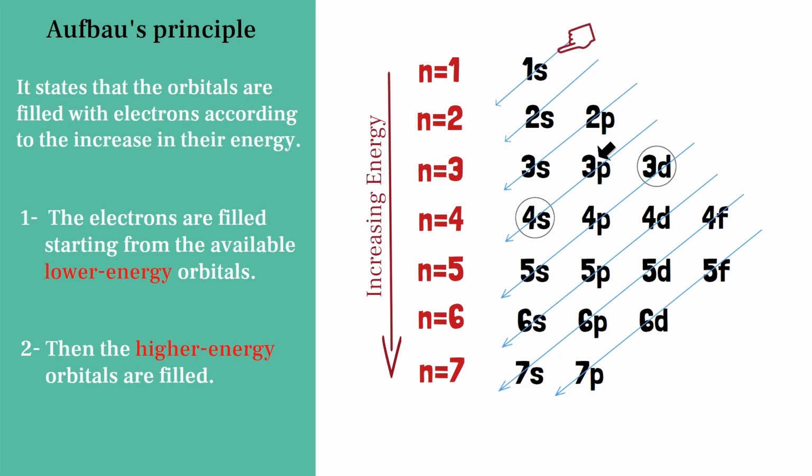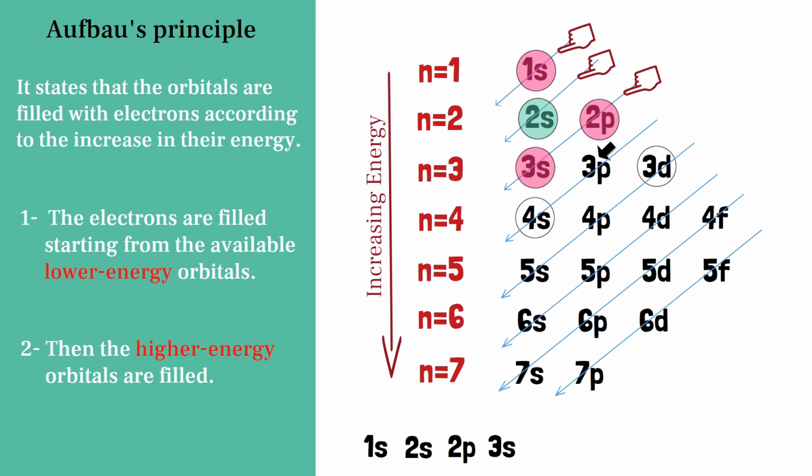We start from 1s, then we move from the beginning of the next arrow, then we fill the orbitals of the 2s sublevel, then we move to the beginning of the next arrow to fill the orbitals of 2p and 3s.